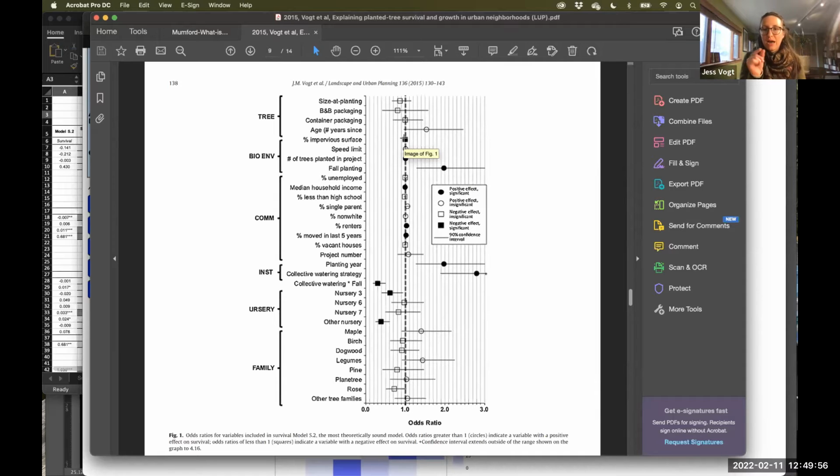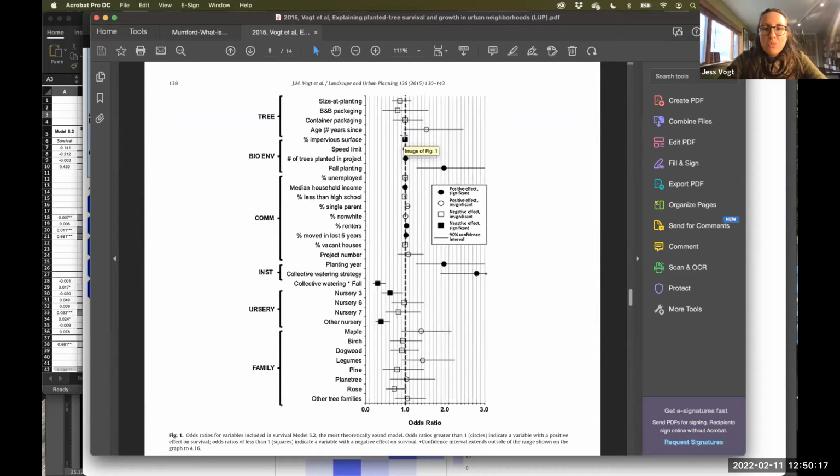It's right on that odds ratio there. Percent impervious surface is a variable that exists as a continuous variable from 0% to 100%, and for every single increase in percentage there, we get a relatively small decrease in survival.